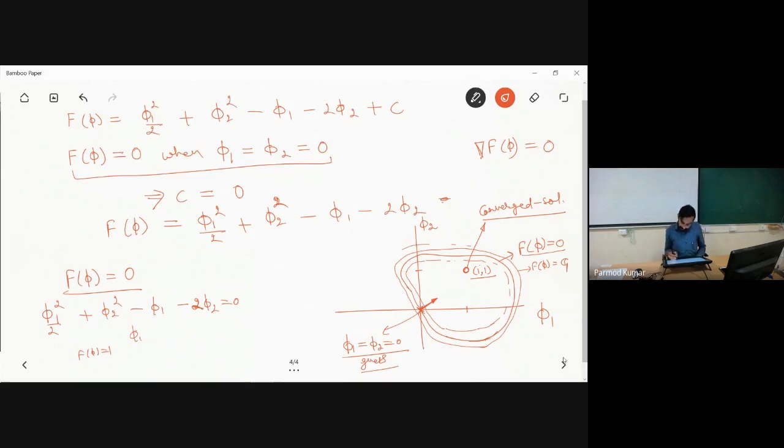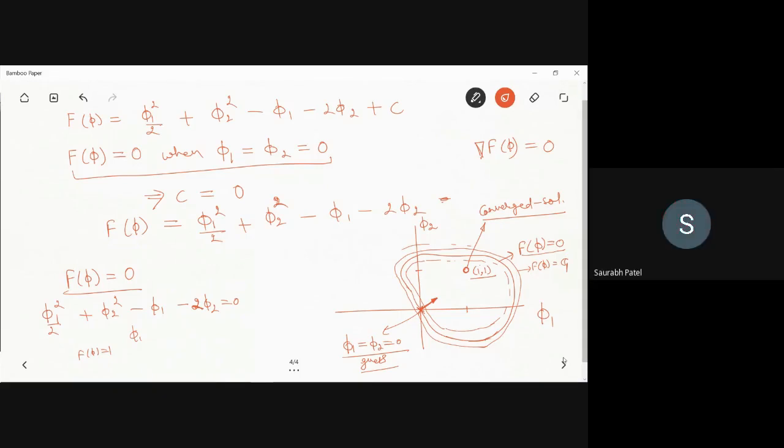So we get a family of curves, and on each curve profile we have some unique value of f of phi. But when we move in a direction normal to that curve, we find that the value of f of phi is changing. So it means the normal direction to this curve is where the gradient of phi exists. Is this point clear now? Now it's clear, sir. Yes, sir.